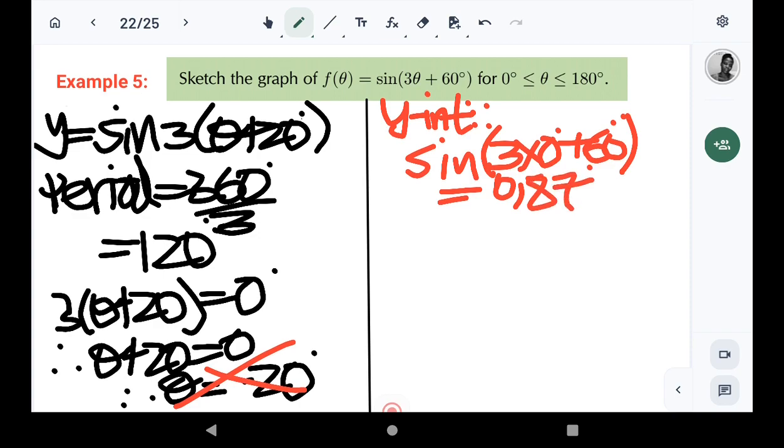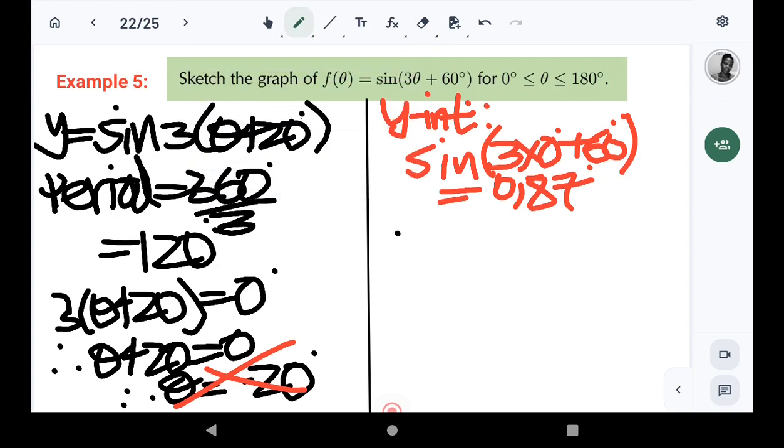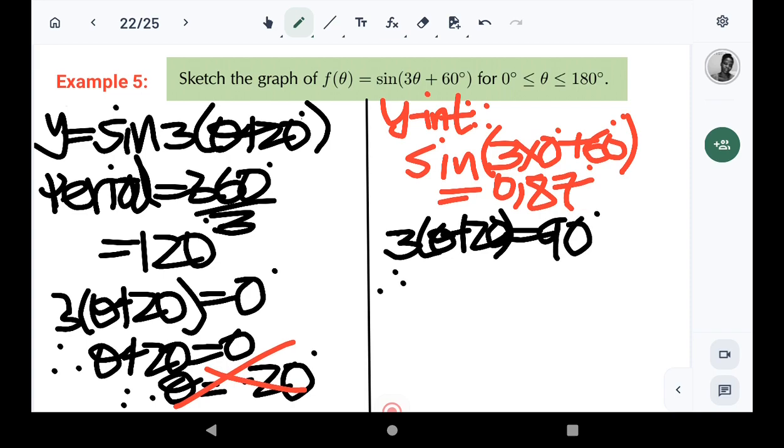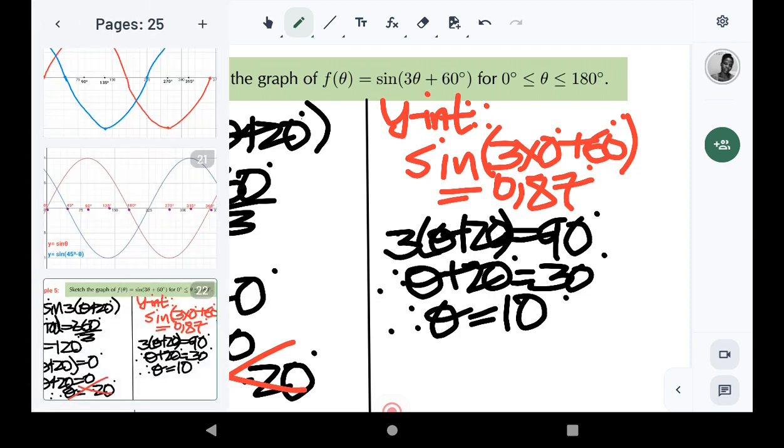Now let's find out what we have at 90 degrees. Okay, 3 theta plus 20 at 90 degrees. That is theta plus 20 equals 90 degrees divided by 3, that is 30. Therefore, theta equals 30 minus 20, that is 10 degrees.